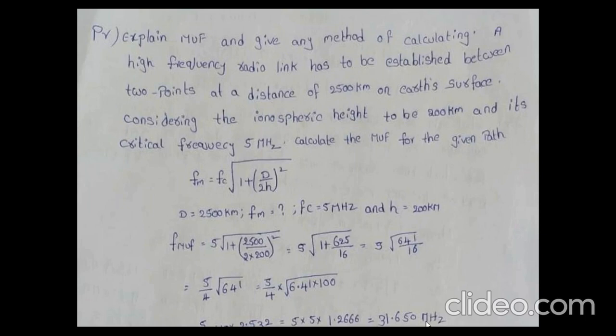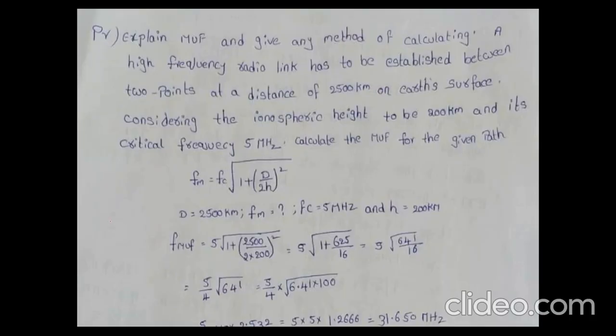The answer will be in megahertz because Fc we are directly taking in megahertz. If it is 5 megahertz, we are not converting it into 5 into 10 power 6; we are directly taking it as 5. Hope you are understanding.